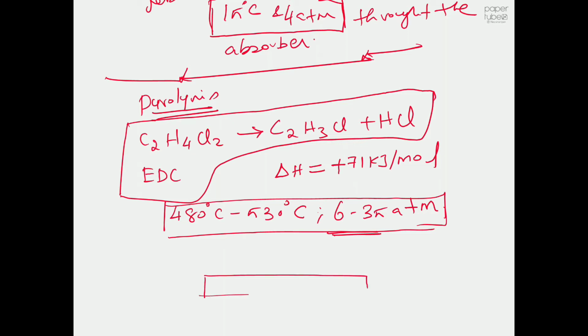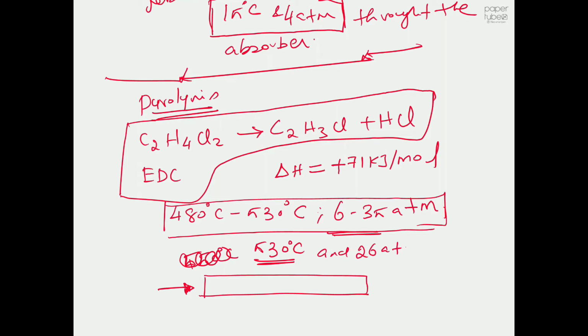So this will be our pyrolysis chamber, and then we are going to pass the stream at, I don't know what temperature we can fix. Let's fix it high, say roughly 550 degrees centigrade. We can even go to just 530 degrees centigrade, the highest temperature, and at 26 atmospheres.